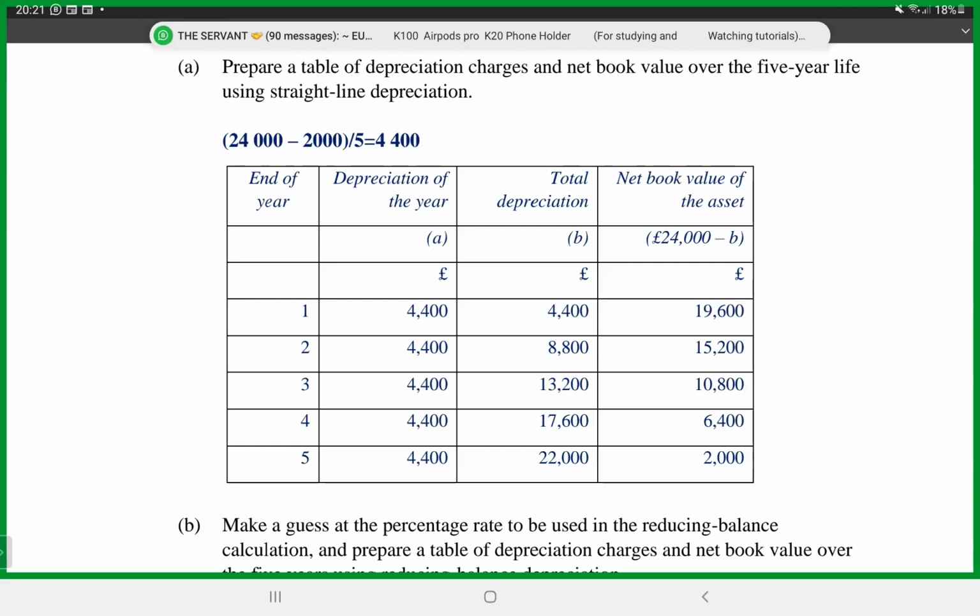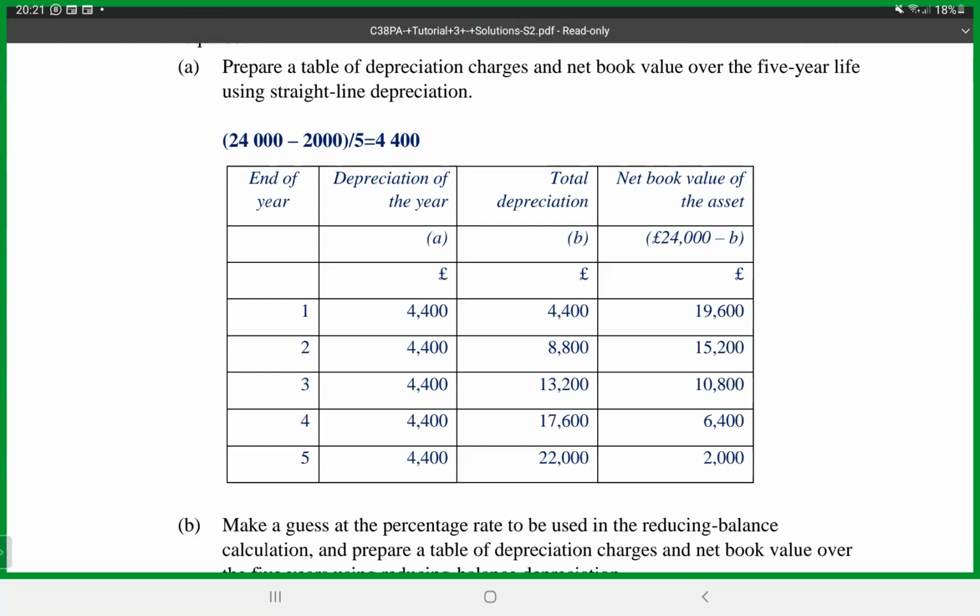Yes, she has gotten that one. And we said, what happens to the depreciation of an asset, especially when you're using the straight line method? It remains the same. It remains constant throughout the whole life. Basically this is what we were doing using the straight line method.